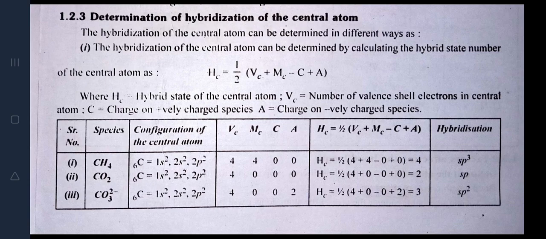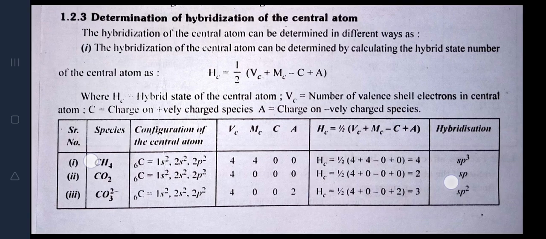First of all, it can be determined by calculating the hybrid state number of the central atom as Hc equals 1/2 (Vc + Mc - C + A), where Hc refers to the hybrid state of the central atom, Vc is the number of valence electrons in the central atom, Mc is the number of monovalent atoms, C is the charge on positively charged species, and A is the charge on negatively charged species.